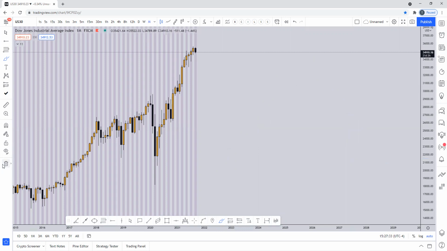Understanding the breaks though, in terms of the directional bias, like I said, it will continue to break up. Now, there's also a break of structure going in the opposite direction, which usually symbolizes a reversal.